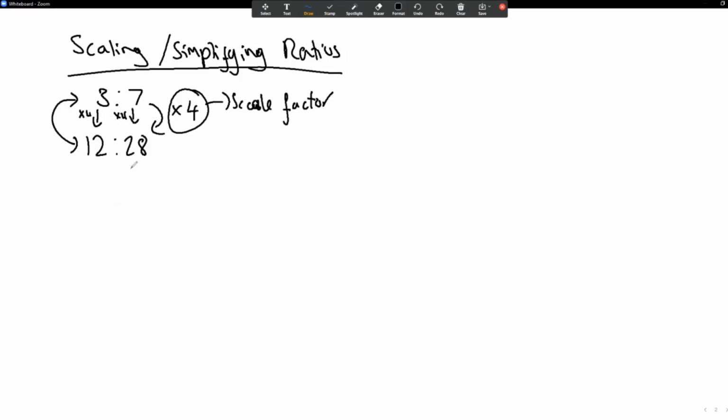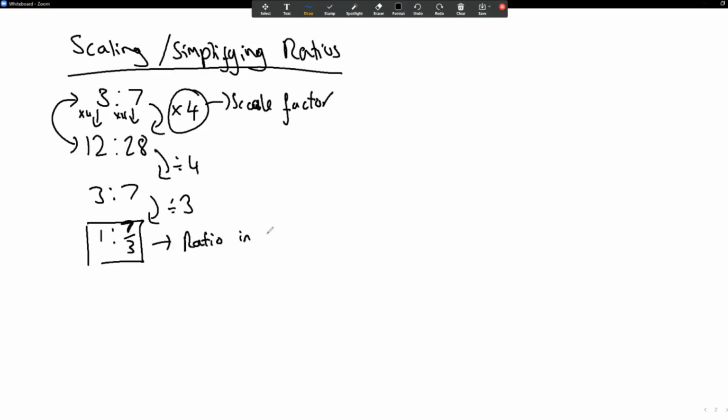We can also divide. So we could divide this by 4 again, if we wanted to go back to the original. And these don't even have to be whole numbers. We could divide by 3, and we'd get 1 to 7/3. And this is called the ratio in 1 to n form.